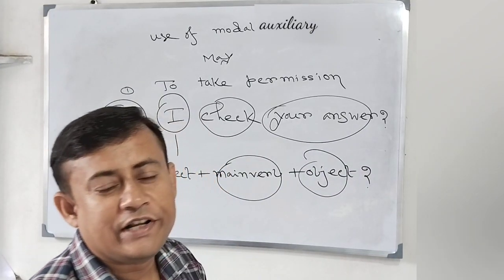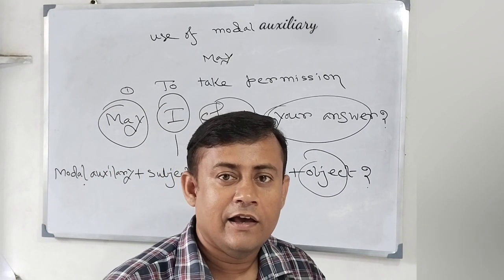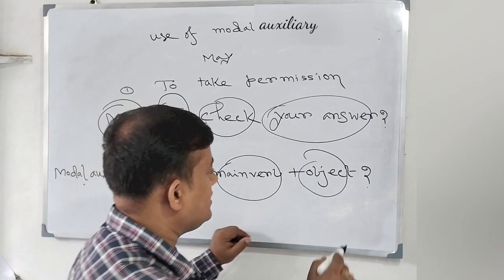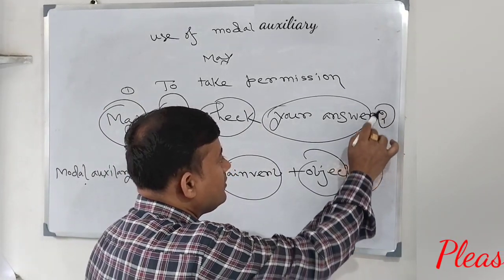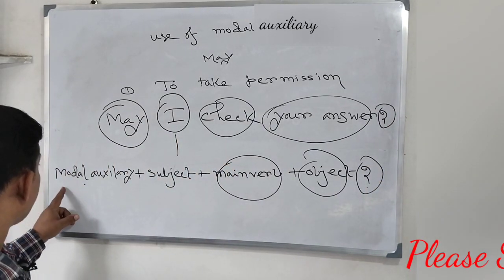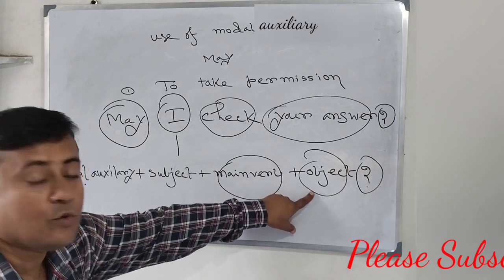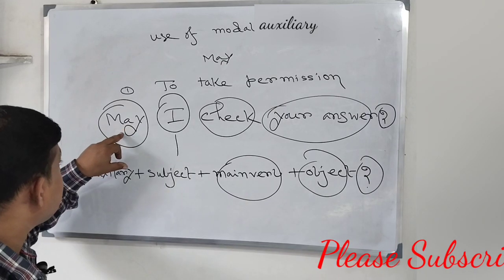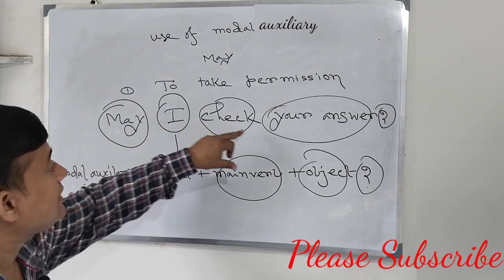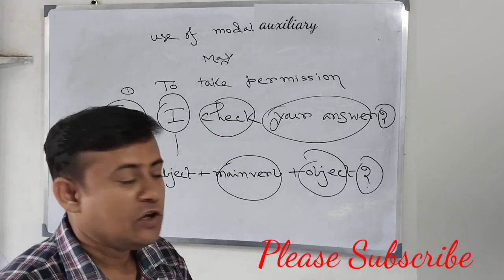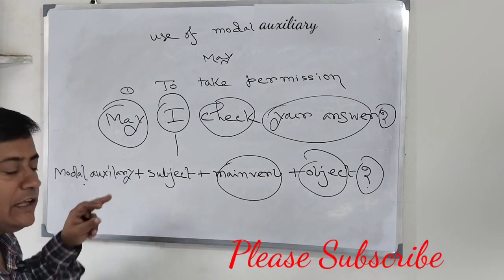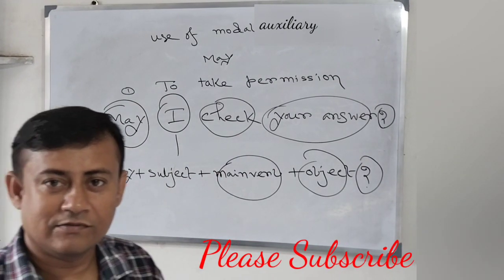And one more thing to notice: please place a question mark at the end of the sentence. So the sentence format is modal auxiliary, subject, main verb, object with a question mark, and the example is: May I check your answer? Following the same sentence format, you also can make your examples.